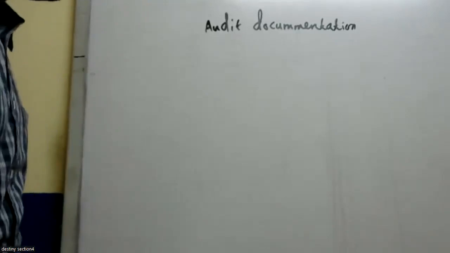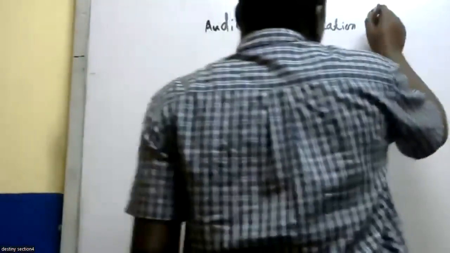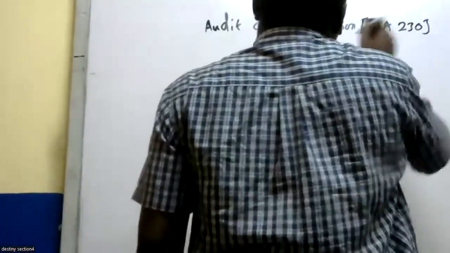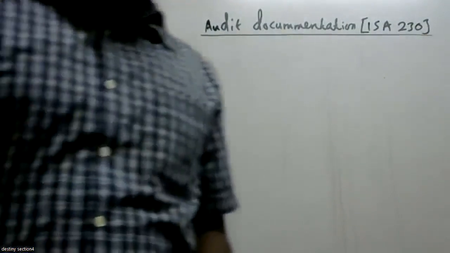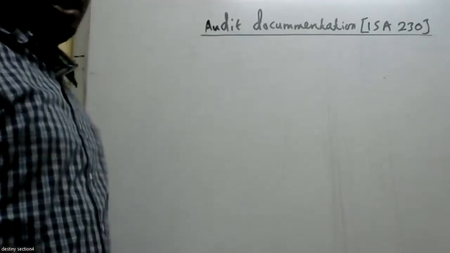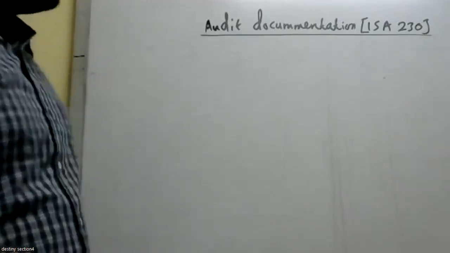Audit working papers are part of the auditor documentation, which is contained in ISA 230, International Standards on Auditing 230, Audit Documentation, which requires auditors to maintain sufficient and adequate audit documentation.